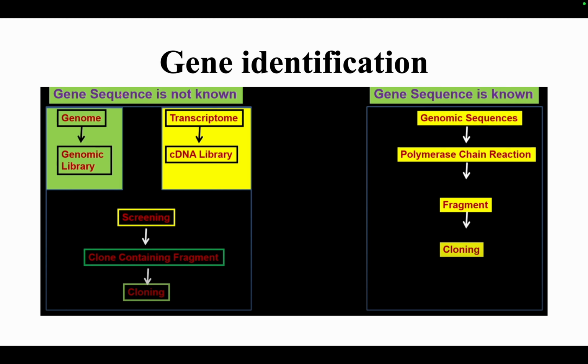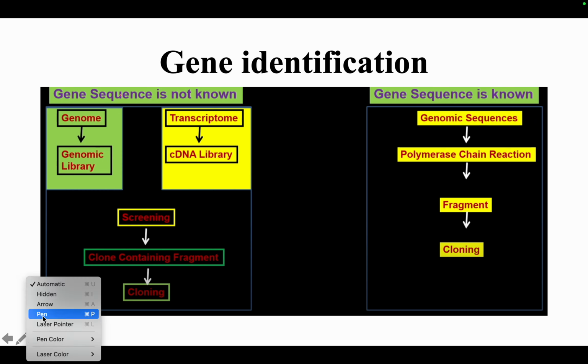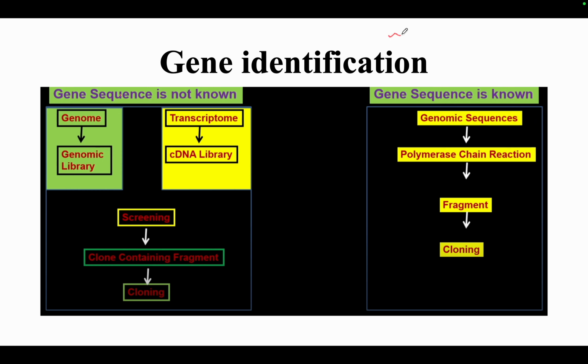We can have a gene fragment with us, and we can simply do a PCR reaction in order to get multiple fragments, and then this fragment can be cloned.